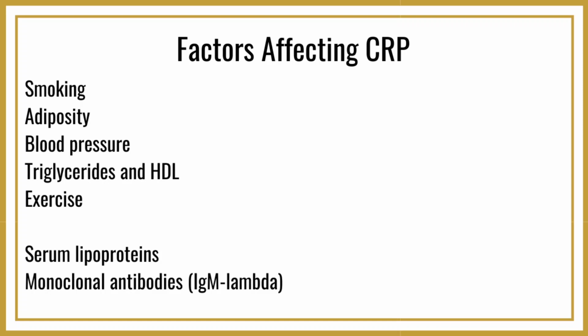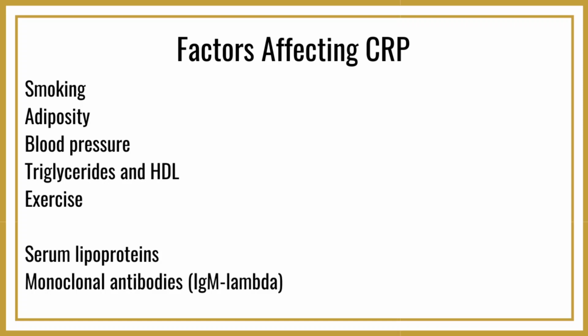And then you have things like adiposity, blood pressure, triglycerides, and HDL, and exercise can increase your CRP. All of these things will increase your inflammation either temporarily or ongoingly.